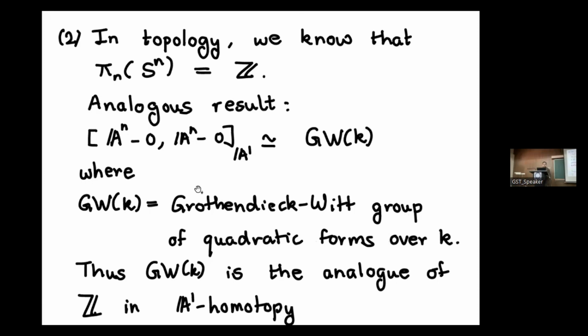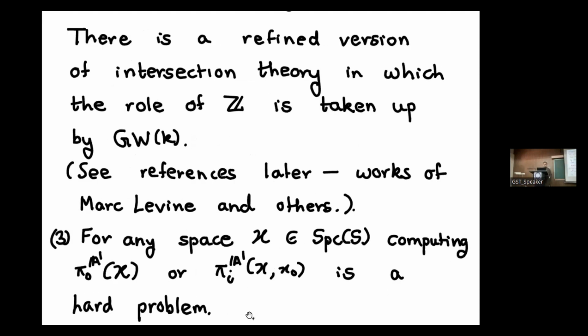I should have said that I'm looking at varieties over K. So basically, morphisms from An minus 0 to An minus 0 over K, up to A1 homotopy, give the Grothendieck-Witt group of quadratic forms over K. This is the analog of Z in A1 homotopy.